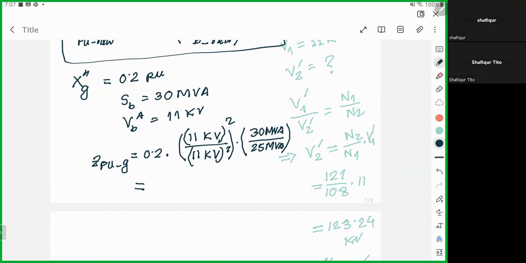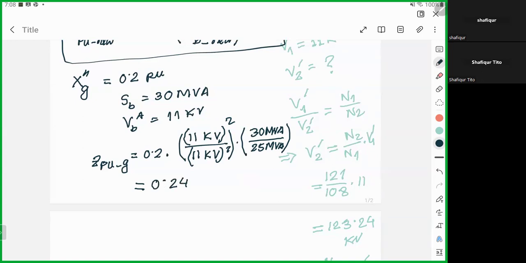So we will just do the calculation based on 30 divided by 25 times 0.2. Sorry, 1.2 times 0.2 is 0.24.